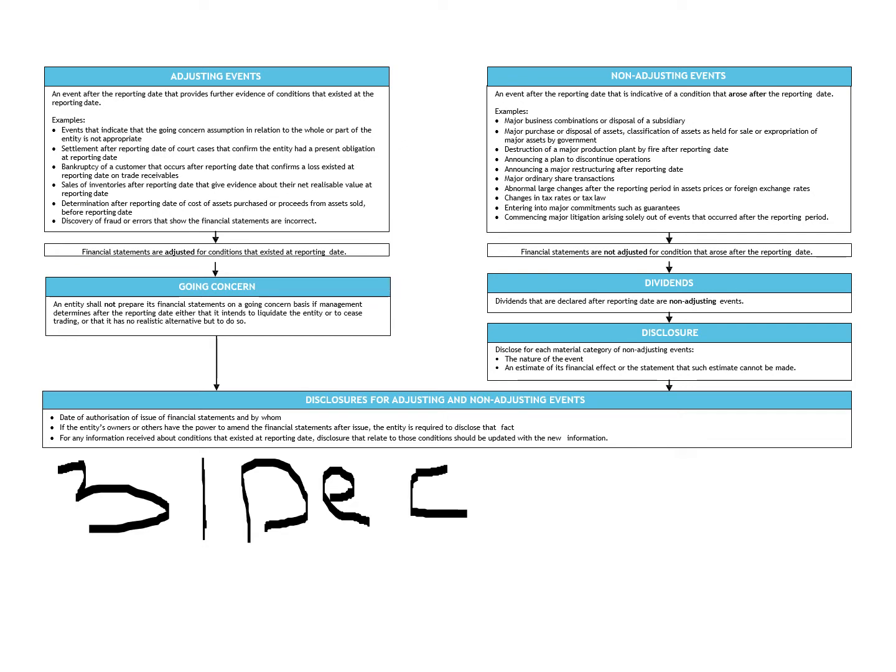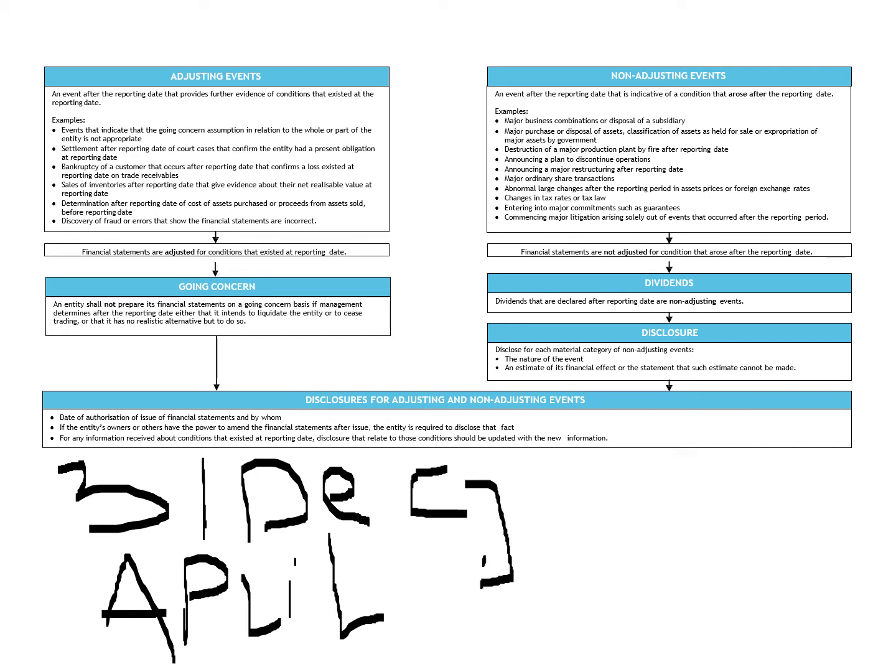So it might happen that by this date we are already in April. So usually these events between December 31 and April in our example, those are the events that are covered by IAS 10.